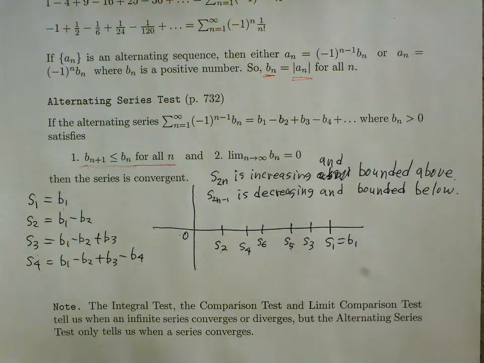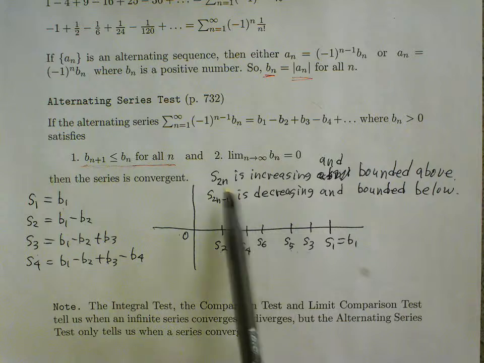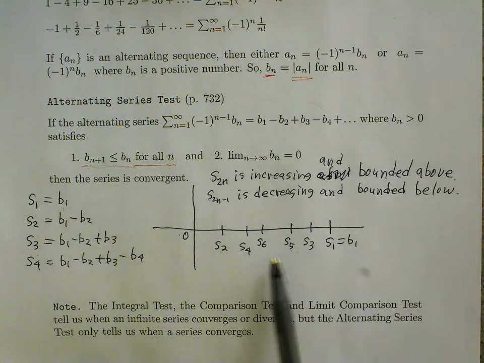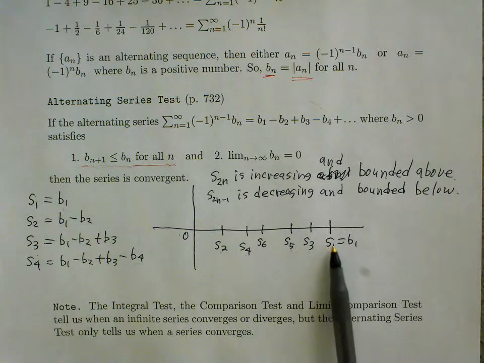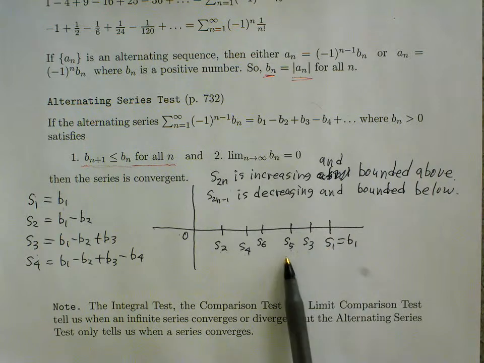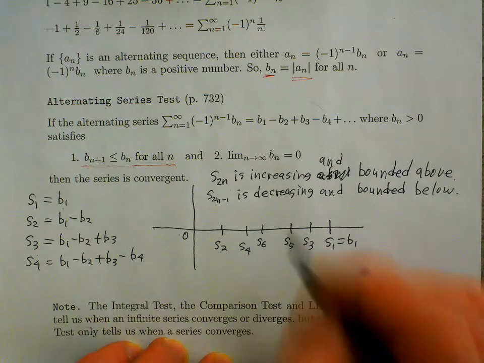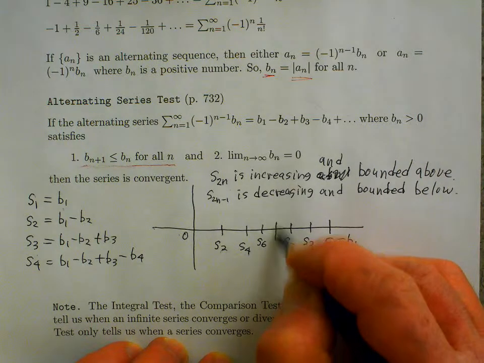And if you think a little bit more about it, the sequence of even subscripts is bounded above by every term from the sequence with odd subscripts, and vice versa. So anyway, the limit of each of those two sequences turns out to be the same number.